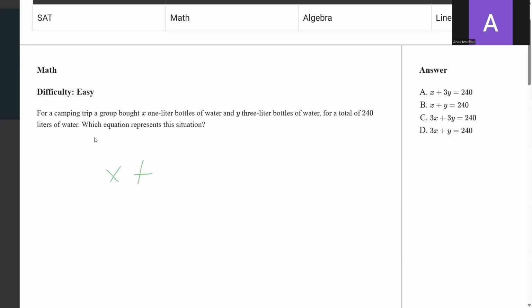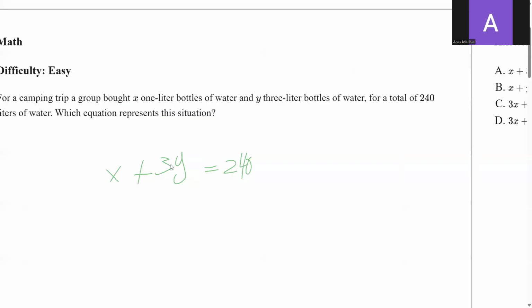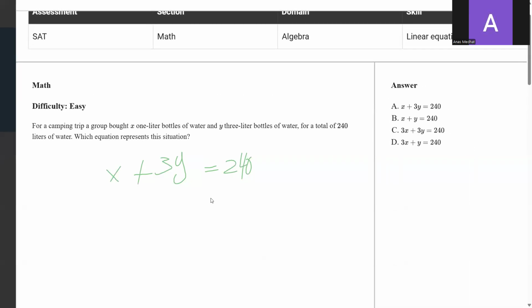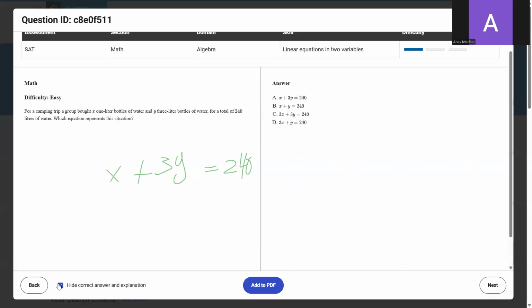Y represents the number of 3-liter bottles of water, equals 240. And here you will put 3 because it is 3-liter bottles of water. So the answer should be A.